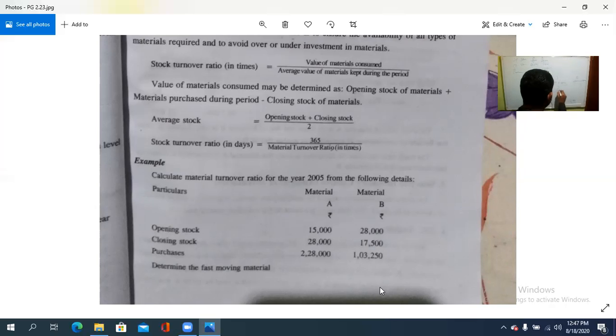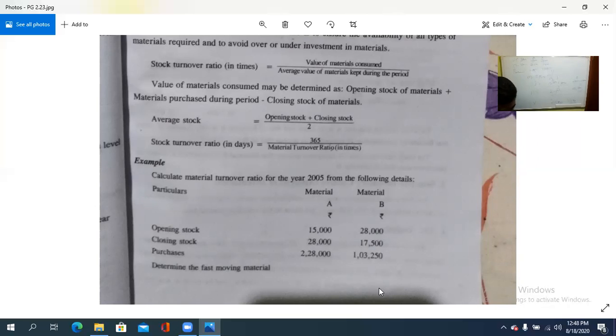So 21,500 is the average inventory. Then next step, 28,000 plus 17,500 divided by 2, 22,750. See, that also we got it.